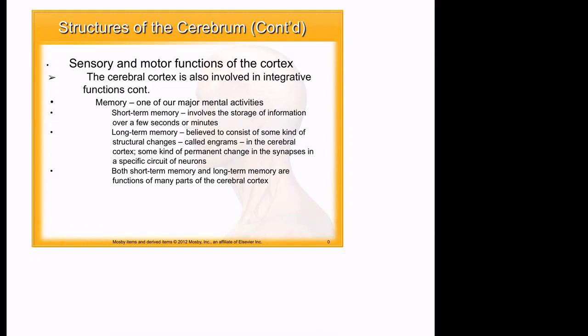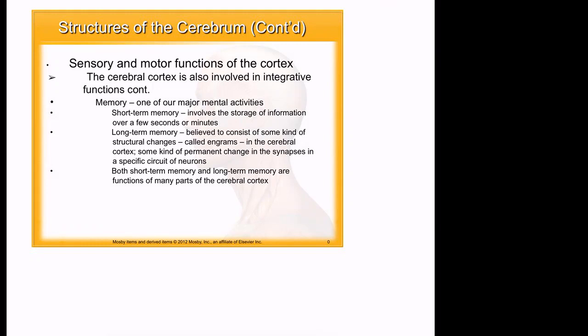In order for things to go into long-term memory, they typically have to pass through short-term memory. Things don't typically just go right into long-term memory. In order to make that move, they have to be important.